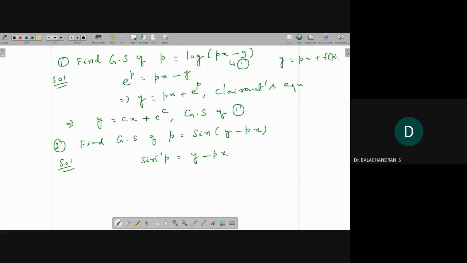So y equal to Px plus sine inverse of P. Now this is of the form y is equal to Px plus function of P, which is a Clairaut's equation. So now the general solution is y is equal to Cx plus sine inverse of C.